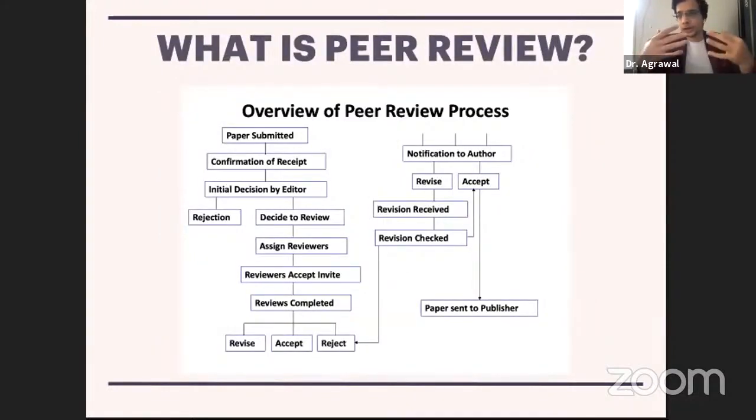And once you submit your article to a journal, it goes through a peer review process where after the paper is submitted, the journal confirms that it has received your paper. The editor then decides whether the article structure is appropriate depending on the journal guidelines. The journal guidelines can be found in instructions to authors or author guidelines.